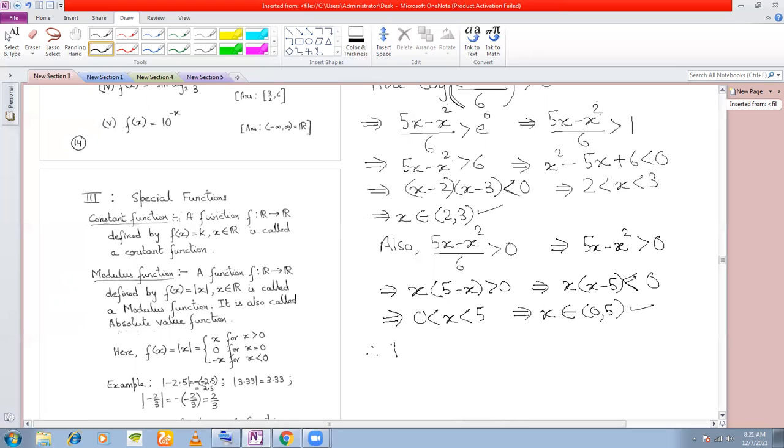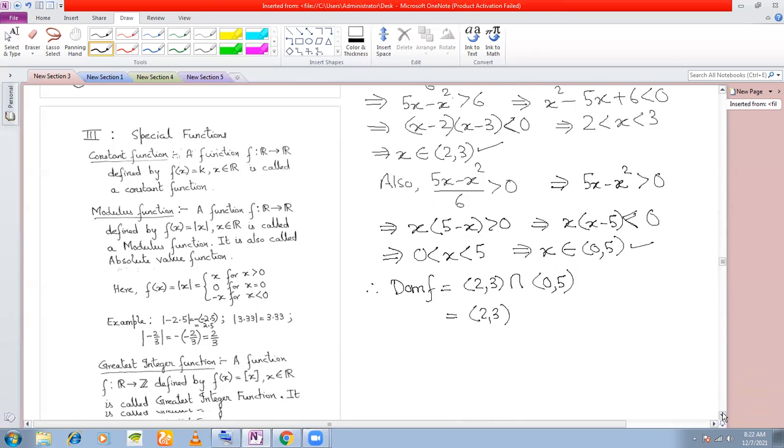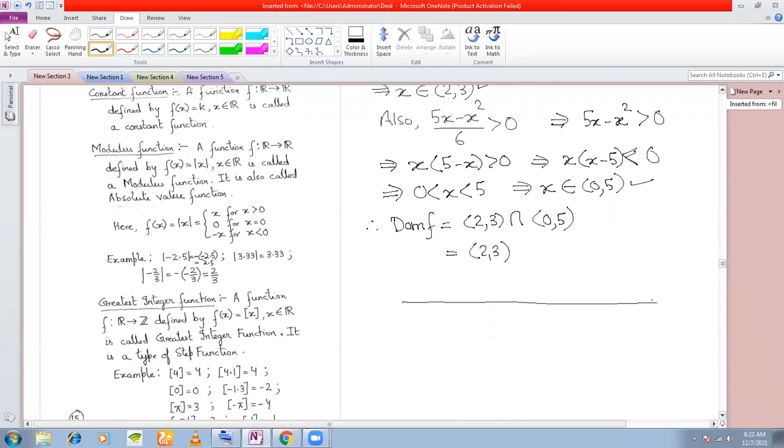Now x belongs to this interval and x belongs to this interval. Therefore, the domain of f must be the intersection of these two sets, that is, (2, 3) intersection (0, 5). If you see it on the number line, this is your 5, this is your 3, this is your 2.